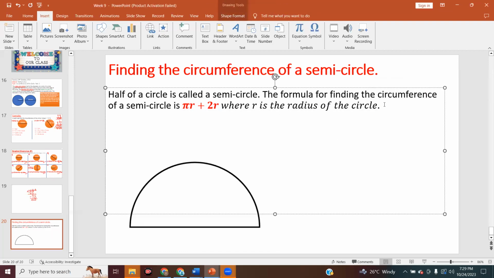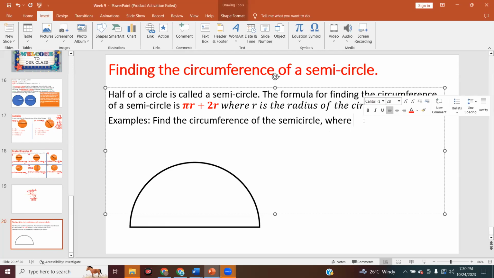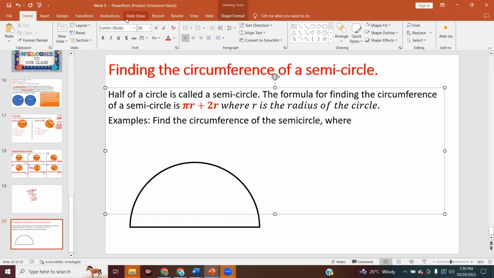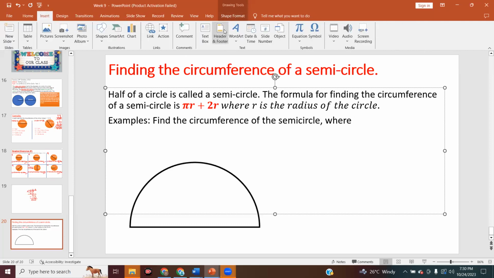Example number 1. Find the circumference of the semicircle, where pi is equal to 3.14.